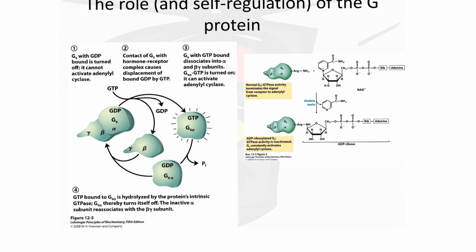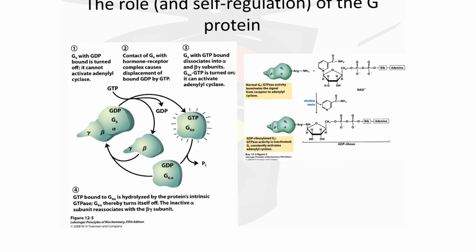And that's why eventually an inorganic phosphate will be kicked off. Then this GDP-bound alpha subunit can go back to the receptor, bind to its beta-gamma subunits, to await the next epinephrine to come. Okay?